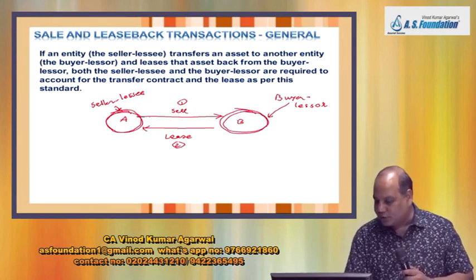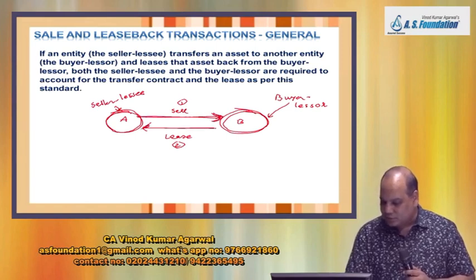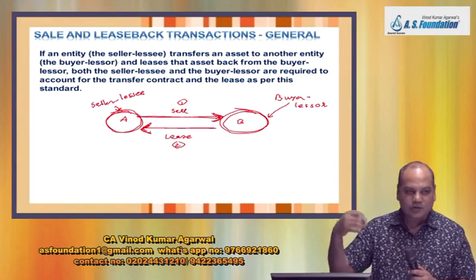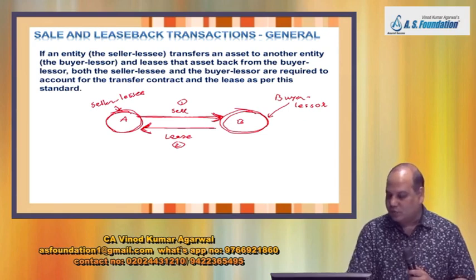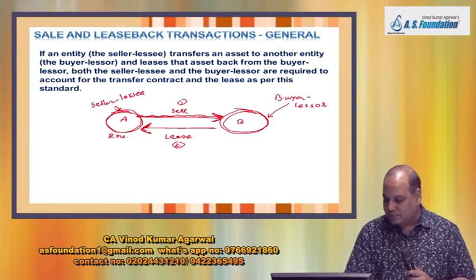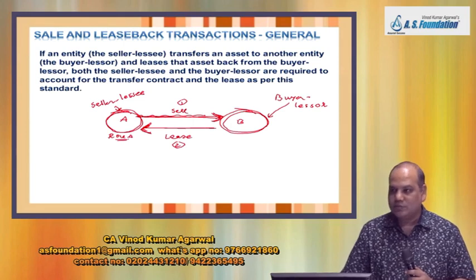Okay. So A is selling the asset, but at the same time A is taking the asset on lease. So you can say we will have to de-recognize the asset and we'll have to recognize the right of use asset.